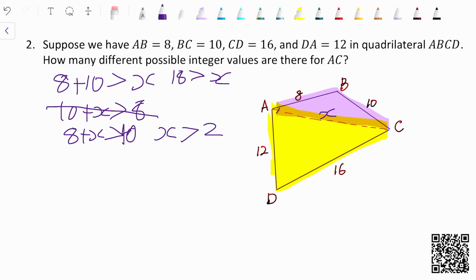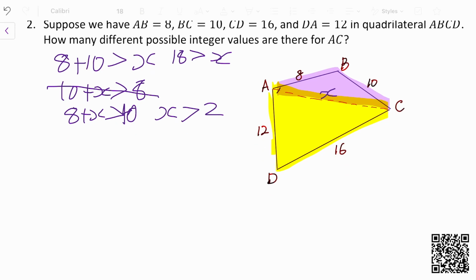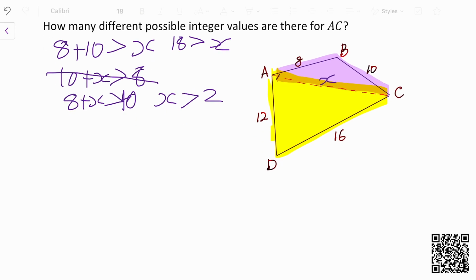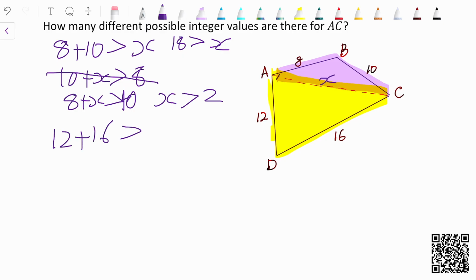And in the same way, for the triangle below, triangle ADC, we have 12 plus 16 has to be greater than x, 12 plus x is greater than 16, and 16 plus x has to be greater than 12.